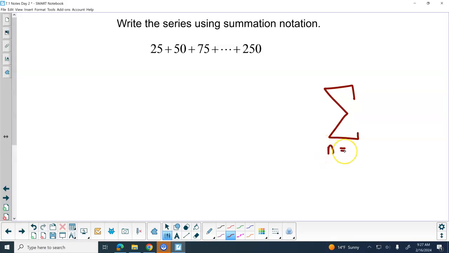So that's going to be our variable, so we can lock that in. In order for sigma, I need the first term, so we could just lock this in as 1. And then I would know that my first term is 25. My last term is going to be 250. Do I put 250 then on top?